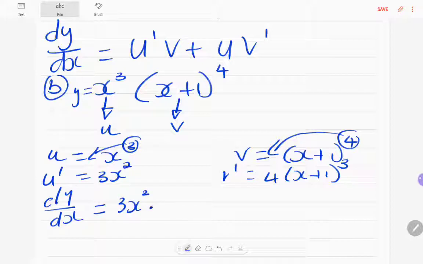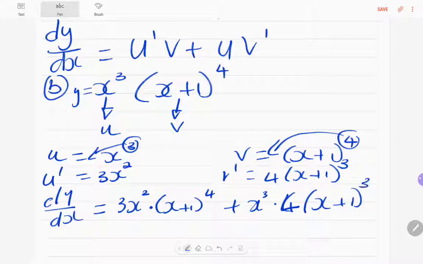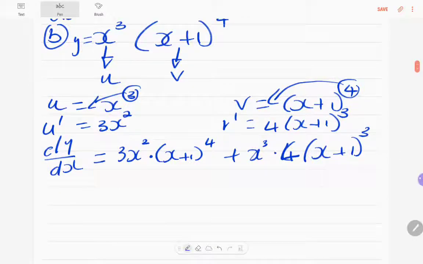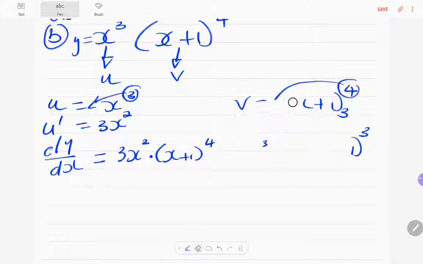You multiply by v, which is x plus 1 to the power 4, plus what is our u? Our u is x cubed, multiplied by the derivative of v, which is 4 into x plus 1, everything to the power 3. So this is how you do it. From here you can simplify. There's no problem if you want to.